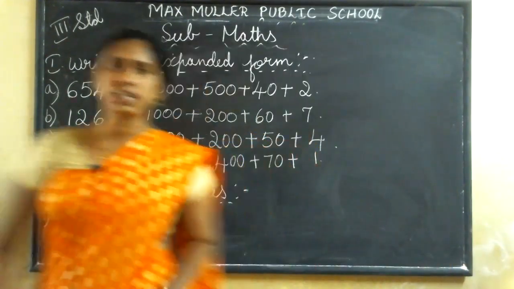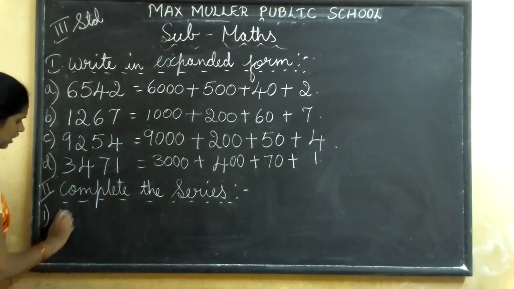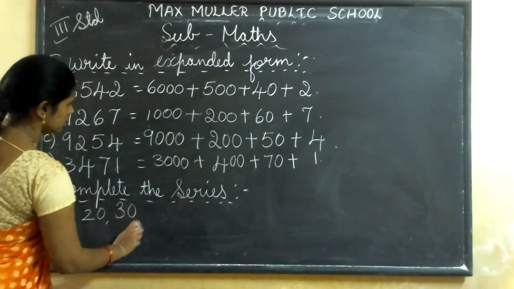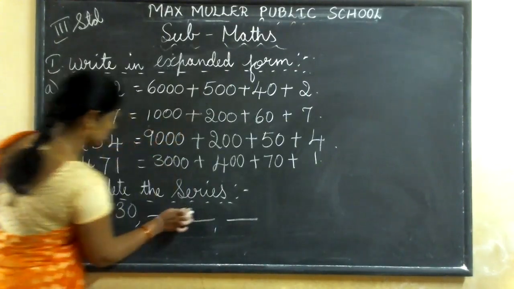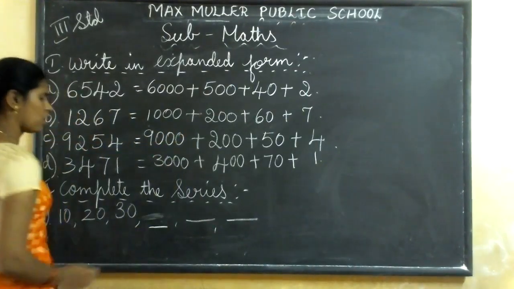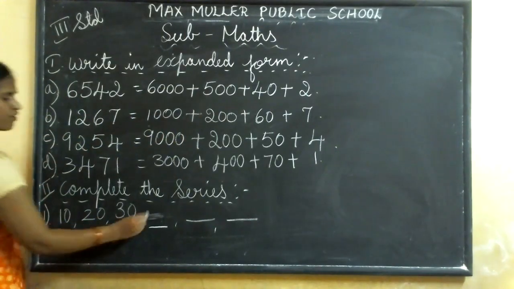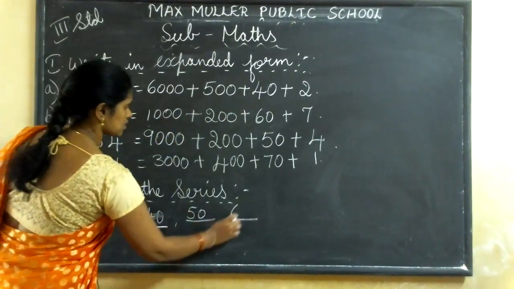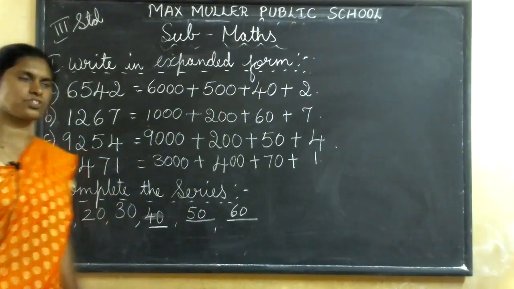You have to see the series and you have to write. Understood? 10, 20, 30, dash, dash, dash. So how will you fill? 10, 20, 30, 40, 50, 60.